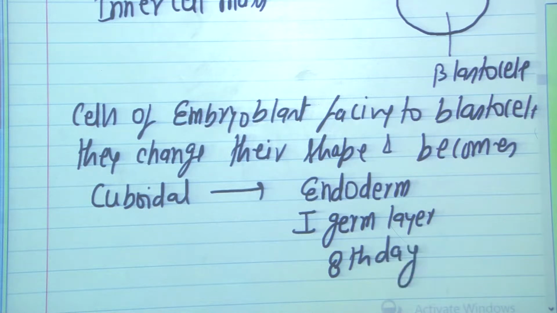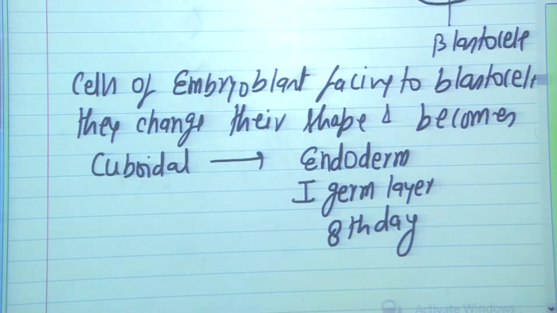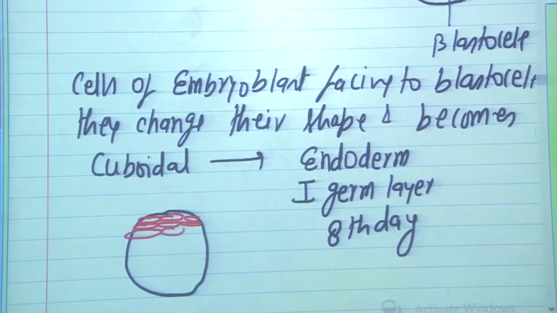8th day after fertilization. See in the diagram what change occurs. This is the trophoblast. This is the inner cell mass, and what happens?